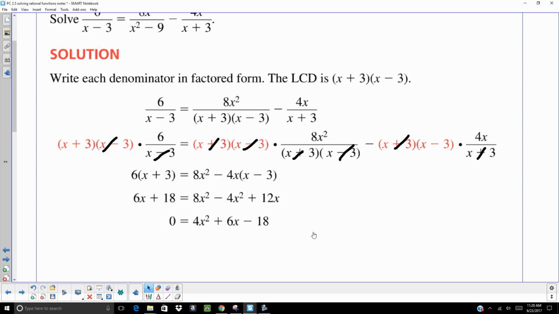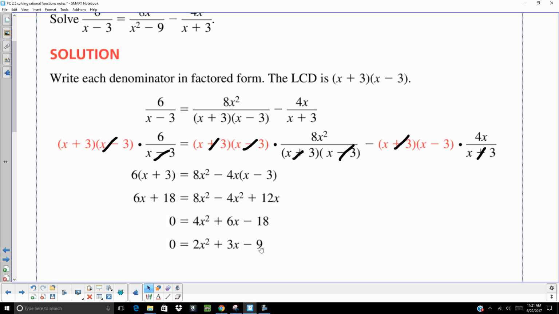We've got a quadratic, so everything needs to be set equal to 0. So subtract 6x, subtract 18. Divide by your greatest common factor, which is 2. So we divided 0 by 2, 4x squared by 2, 6x by 2, 18 by 2.